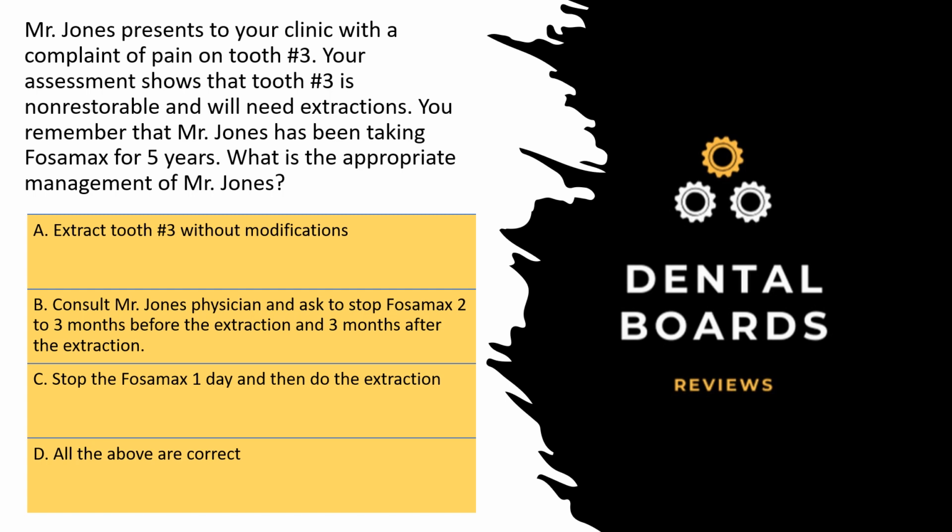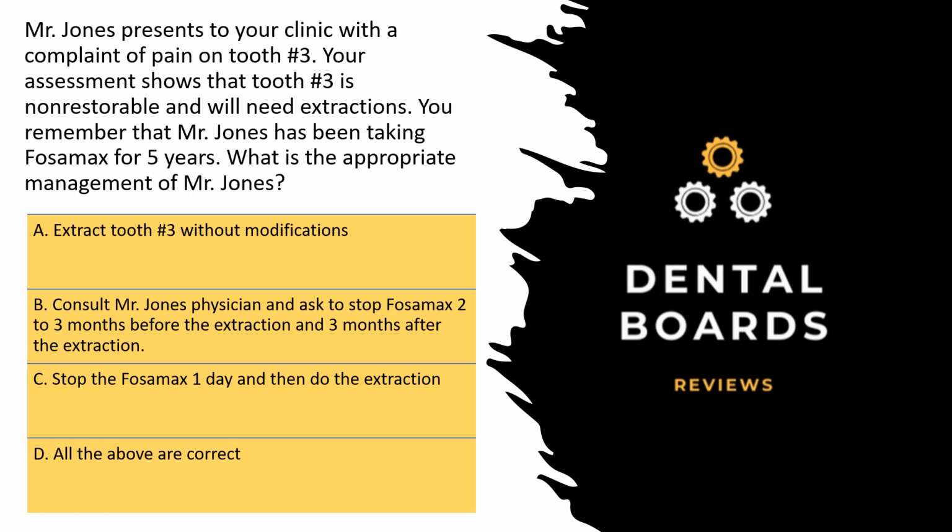So here's a question for you. Mr. Jones presents to your clinic with a complaint of pain on tooth number 3, the upper right first molar. Your assessment shows that tooth number 3 is non-restorable and will need extraction. You remember that Mr. Jones has been taking Fosamax for 5 years.